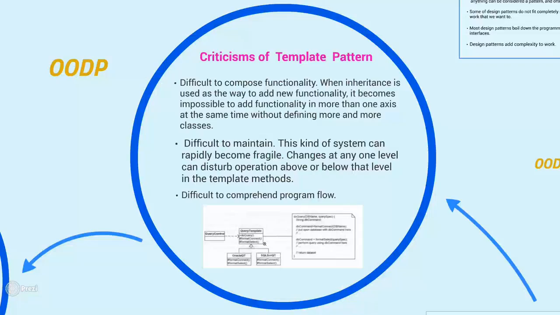Another criticism is that they are difficult to maintain. This kind of system can rapidly become fragile, meaning that changes at any one level can disturb operation above or below that level in the template methods.